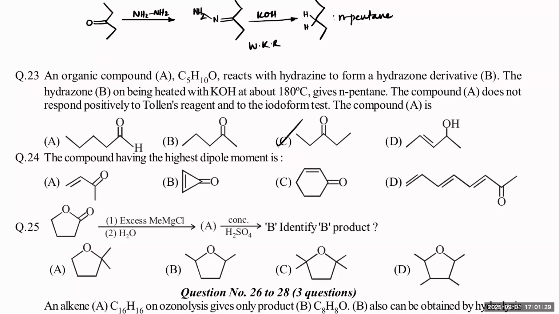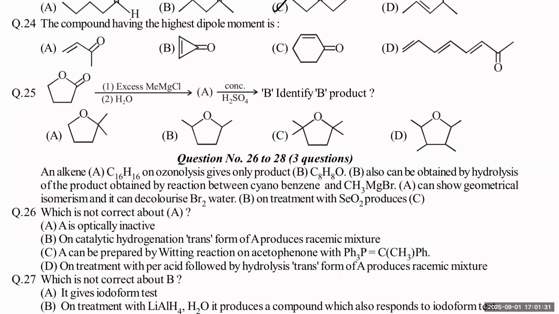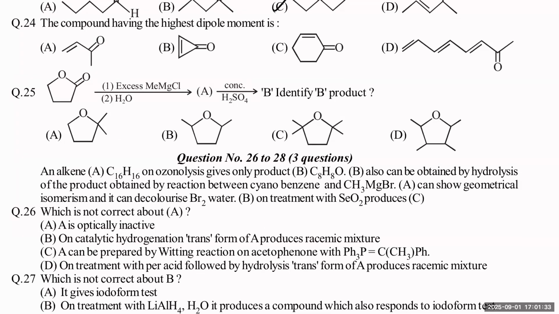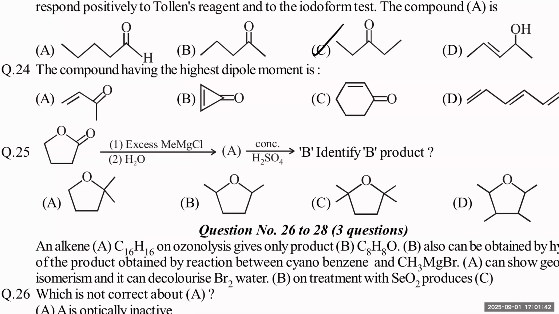See the next question. Compound having highest dipole moment. See, here the pi bond is moving from here to here. So definitely this side you'll have positive charge, this side you'll have negative charge. So there is a dipole moment in this direction.